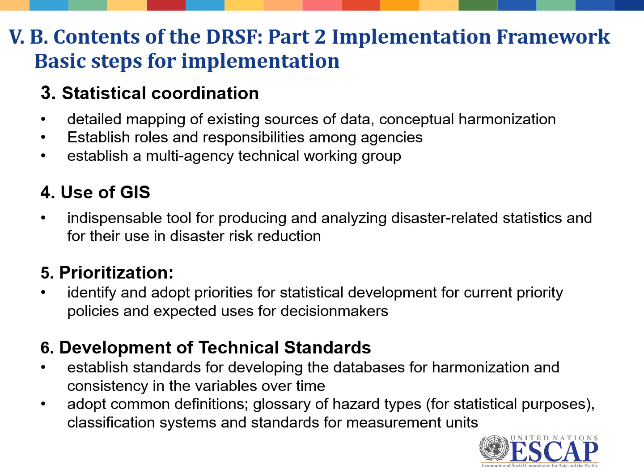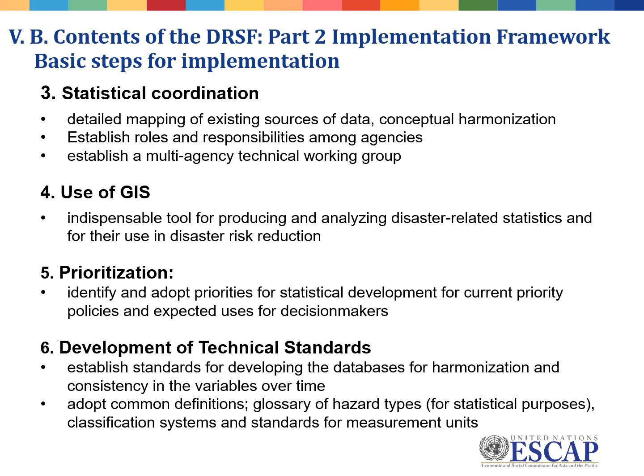The third step for implementation is statistical coordination. Once a suitable environment and arrangements are established, statistical coordination should follow. And this is in terms of establishing an interagency committee or a technical working group.